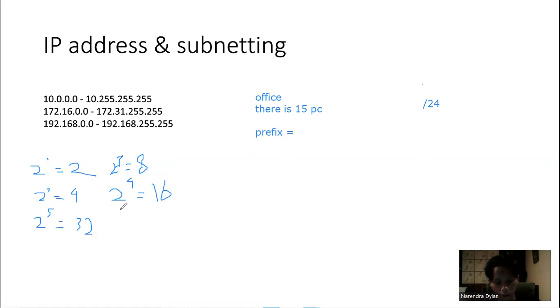We cannot use this because there is a problem with the difference, the shortage, which is too tight. Because of that we choose this. So 2 pangkat 5 is 32.